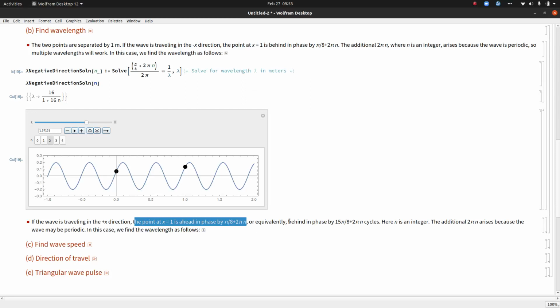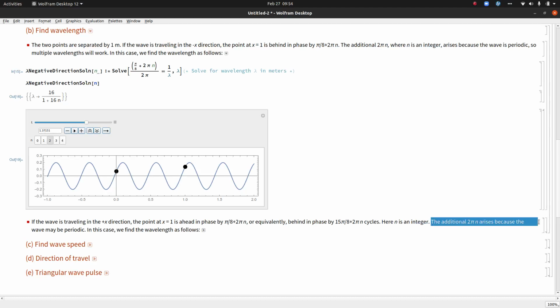Or equivalently, it'll be behind in phase by an amount 15 pi over 8 plus 2 pi n, because again the wave is traveling in the opposite direction now. So I can think of this point being ahead or behind in phase, but I've got to shift it by 2 pi if I'm going to do that. So we can see that here. Here n is an integer.